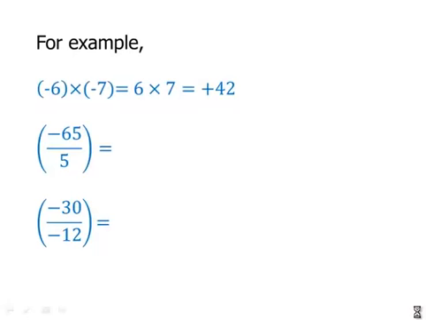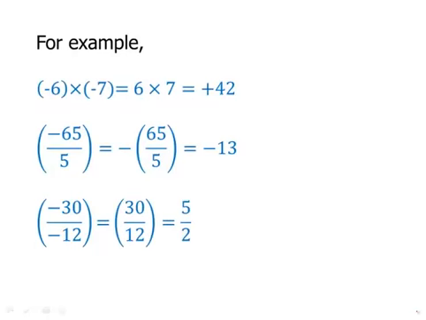Whatever that quotient is, it's a negative, so we'll take that negative sign outside. 65 divided by 5 is 13, so that just becomes negative 13. In the final one, we have negative divided by negative, so we know that will become positive, so we can cancel the negatives. We just get 30 over 12, cancel a factor of 6, and it goes down to 5 over 2 in simplified form.